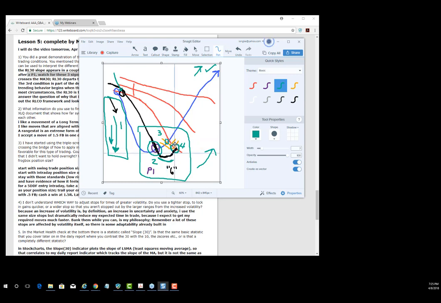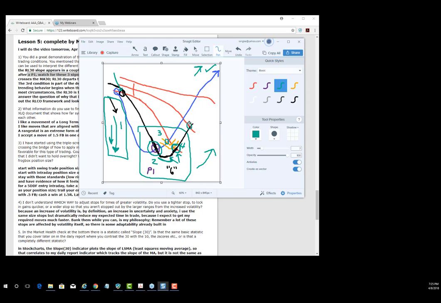When the RL30 enters the river, it has improved enough from the time that it first started to roll over to the time that it entered the river. There's a little bit of time in there, and the slope continued to improve to the point where it now entered the river. The next thing that happens is that it crosses the Bollinger Band mean.